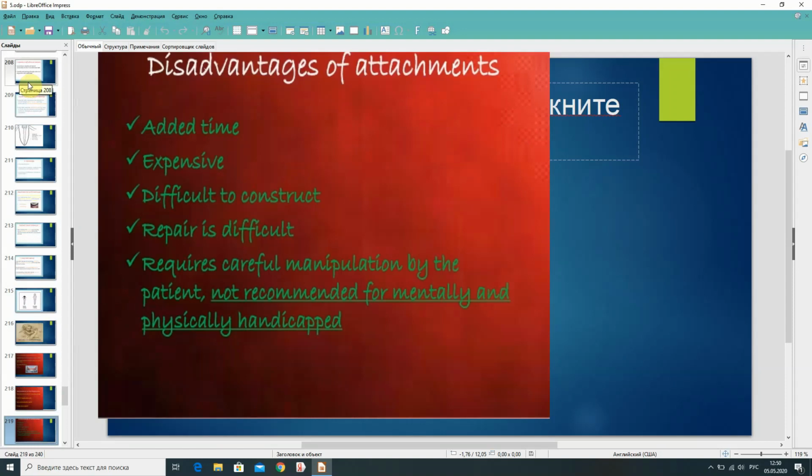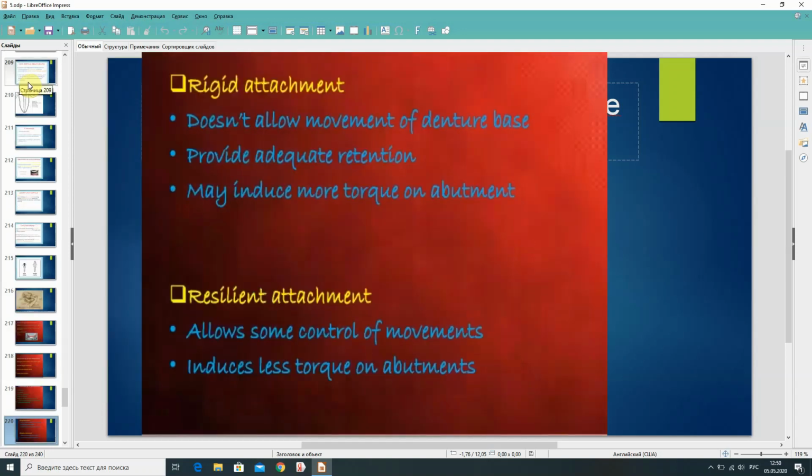Disadvantages of attachments: added time, expensive, difficult to construct, repair is difficult, requires careful manipulation by the patient, not recommended for mentally and physically handicapped. Rigid attachment and resilient attachment.